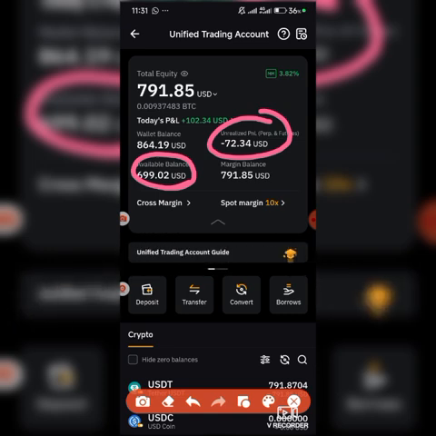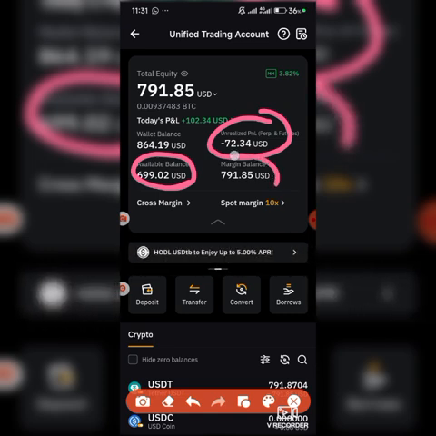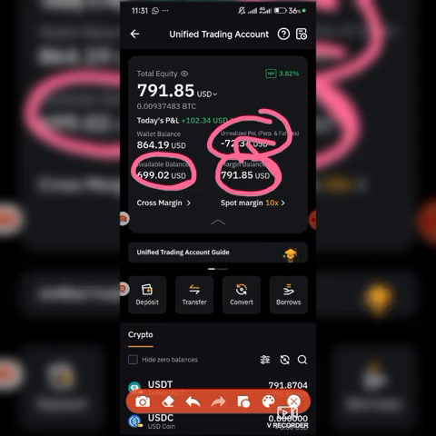So now if you calculate your margin with your unrealized profit, it gives you the total amount. Let's do a calculation here. If I bring up my calculator on my PC, let's do the calculation.